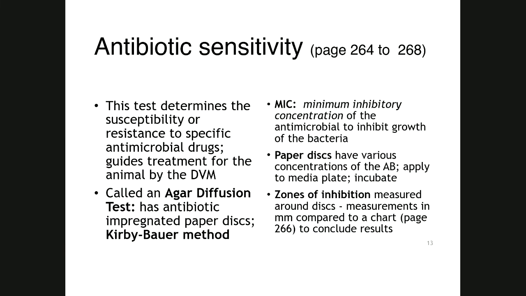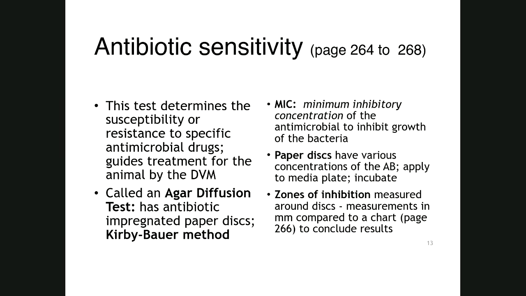A couple other items to understand: the abbreviation MIC, M-I-C, minimum inhibitory concentration of that antimicrobial to inhibit the growth of the bacteria. We'll come back to this in a second. The paper discs that have the antibiotic impregnated in them, you can purchase at various concentrations of that antibiotic.